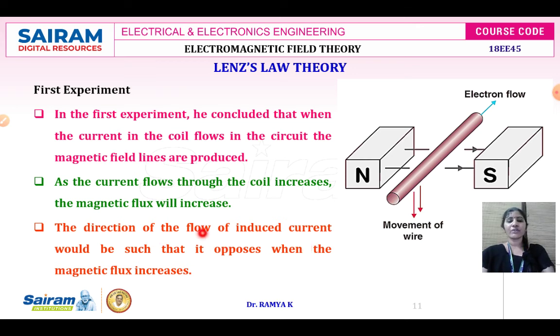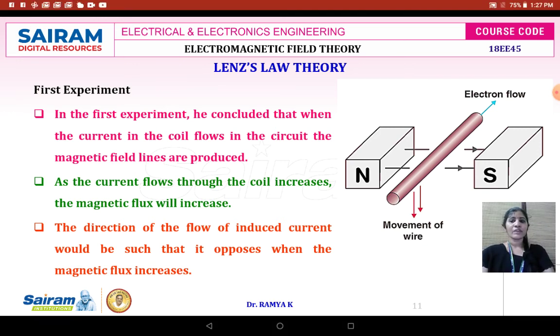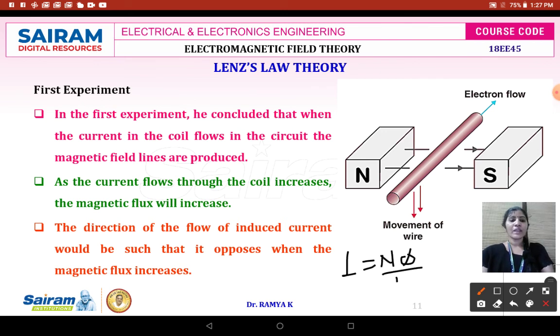A vector quantity is something that has both magnitude as well as direction. So the direction of the flow of your induced current will be such a way that it opposes when the magnetic flux increases. As your magnetic flux goes on increasing, we know that L is equal to N phi divided by I. Here as your magnetic flux is increased, the value of your inductance increases, but the value of the current will be in the opposite direction.